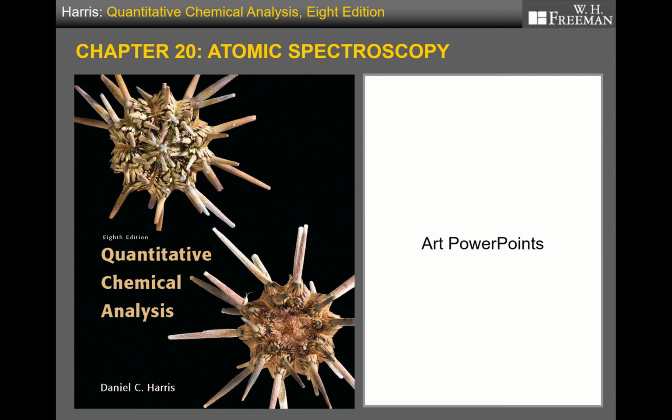Hello, now we reach chapter 20. The topic is atomic spectroscopy. The name indicates many things actually. This method of analysis depends on the atomization of the sample, and then we measure the absorption or emission at specific wavelengths from the atoms.